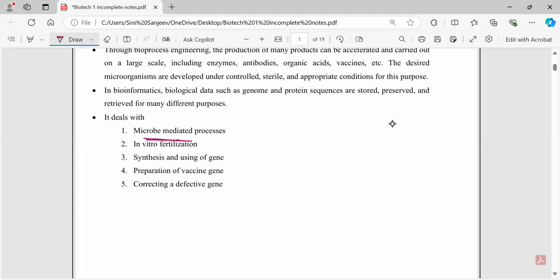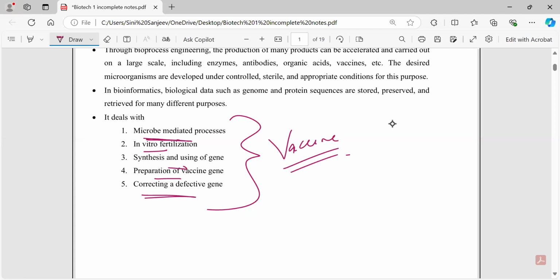A microbe mediated process, in vitro fertilization, synthesis using of gene, preparation of vaccine gene, and correcting of defective gene. Now this is if you're preparing a vaccine. Okay, so when you're preparing a vaccine, you need what? These steps are being used whenever you are going to prepare a particular vaccine.